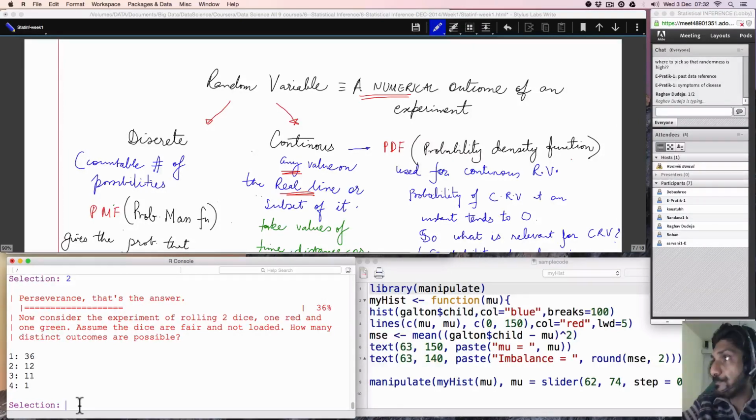Sarvani said 11. Lavita says 6 outcomes. For this particular case, read the question again.